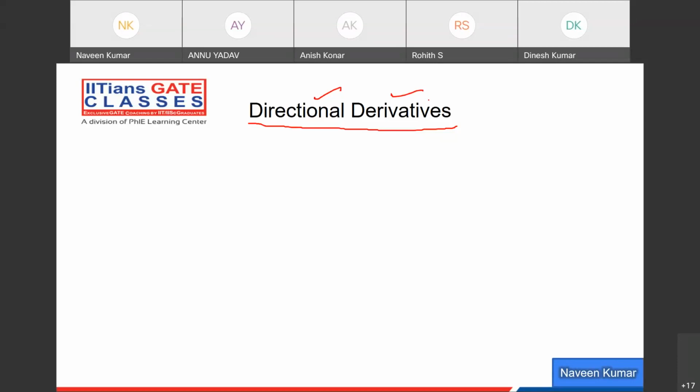Right. But the derivative can be in different ways, like in the x coordinate, y coordinate, z coordinate, time coordinate. Let's say s is any direction. If you are finding dp by ds in that direction, you are getting the directional derivative.